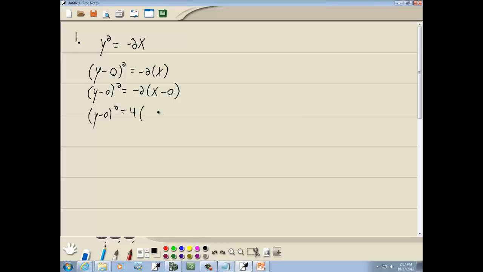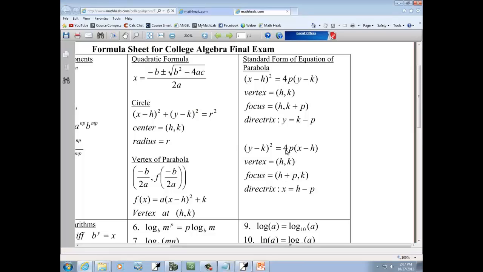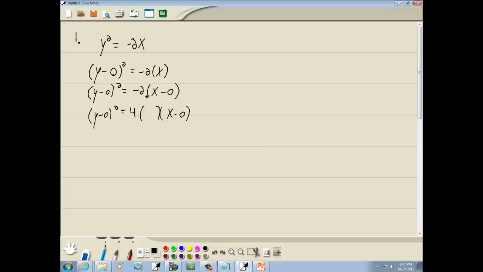And I want to rewrite this as 4 times something. So that's what my formula says, 4 times p. Well, this would be negative 2 over 4. Very easy. Whatever number is right here always goes up on top, and then you always put a 4 down in the denominator. That'll always work. You don't have to think very hard about what it should be.